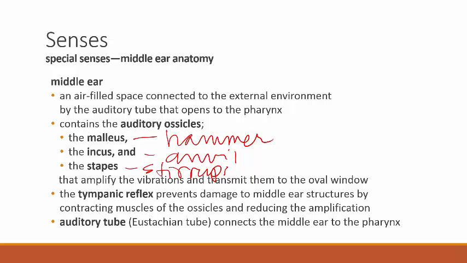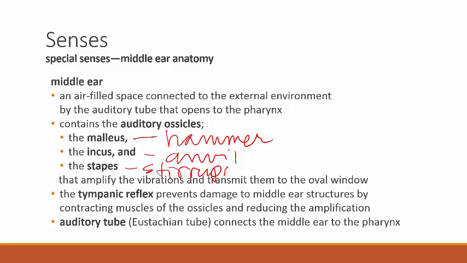And that process of transferring the vibrational energy from the tympanic membrane to the three bones of the middle ear amplifies those vibrations so that they are about 20% stronger when the vibrations make it to the oval window.